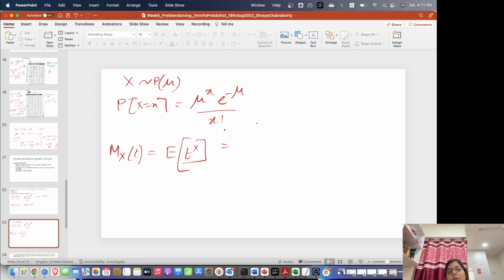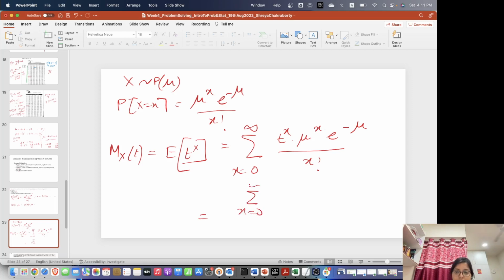Okay, so this one we can write as summation x equal to 0 to infinity t to the power x mu to the power x e to the power minus mu by x factorial. Okay, so then this one we can write as summation x equal to 0 to infinity (t mu) to the power x by x factorial times e to the power minus mu.